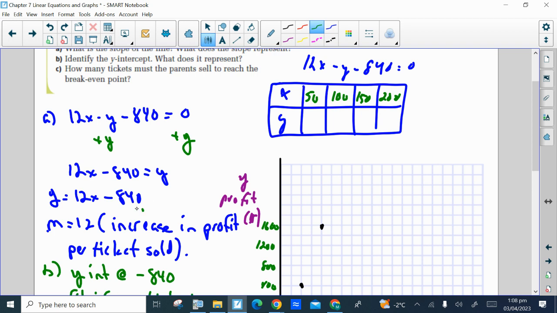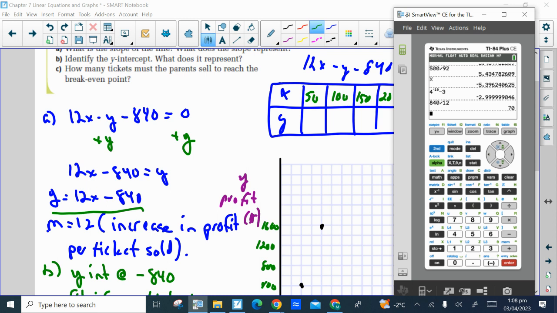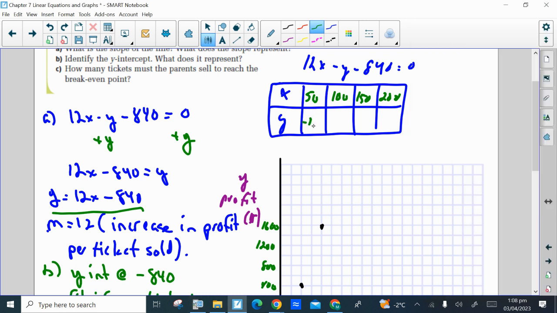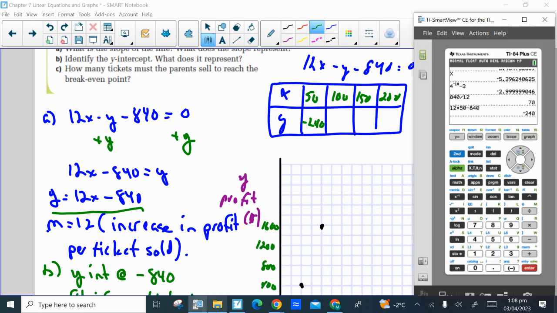So if I use the slope-intercept form of the line, which is 12x minus 840, the first value of x being 50, so 12 times 50 minus 840, that's a negative value. They're losing money there because y is the profit. The next point is where x is 100, so 12 times 100, take away 840.